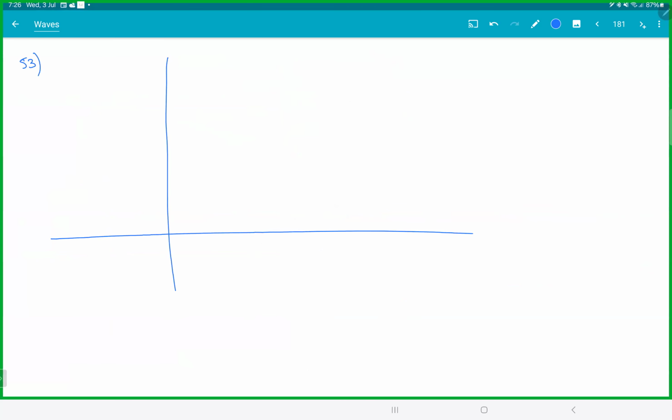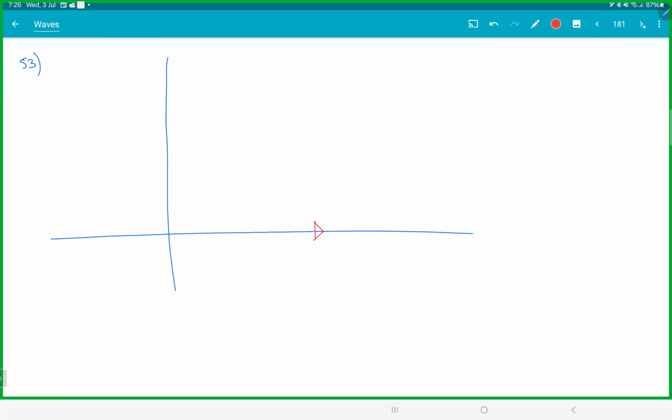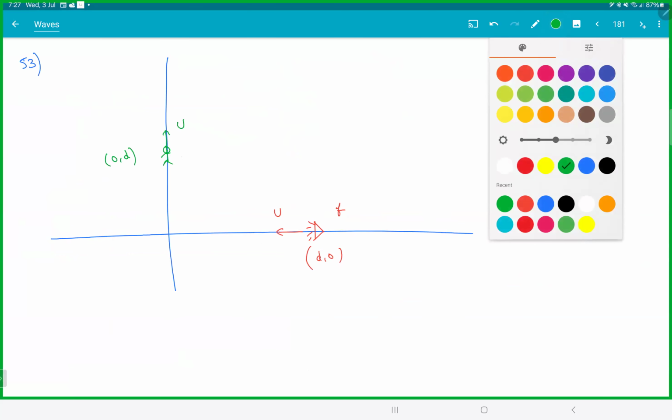So x and y axis. We have the source here, frequency f, traveling with speed u, and this thing is d comma 0. We have the observer here. This guy is also going with speed u. Coordinates are 0 comma d. This is the scenario at t equals 0.